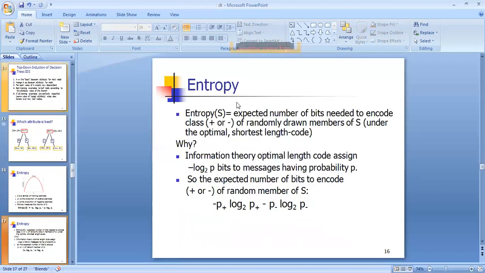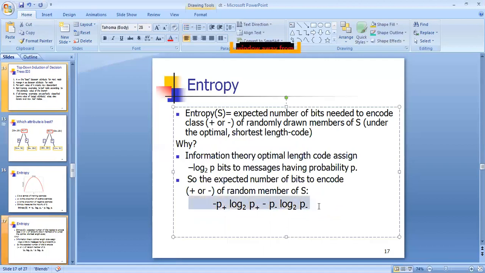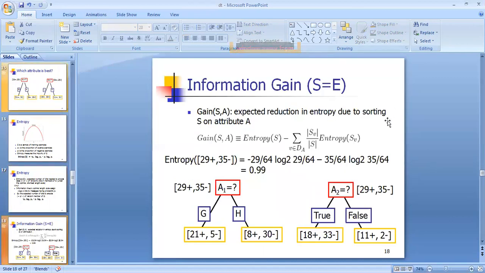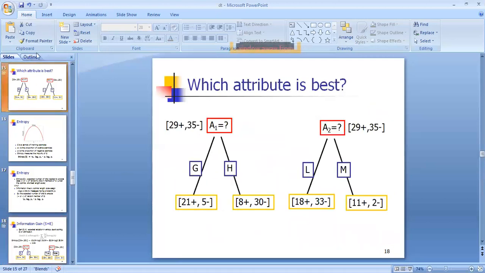Entropy of S is the expected number of bits needed to encode a randomly drawn member. So we take minus positive examples log base 2 of positive examples, minus negative examples log base 2 of negative examples. Now you come to the very important concept. You are going with new concepts like entropy. So which attribute is best?